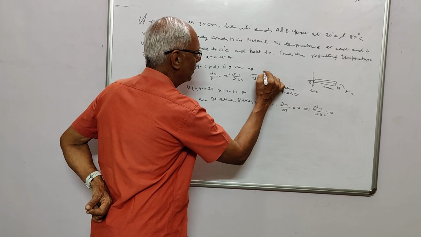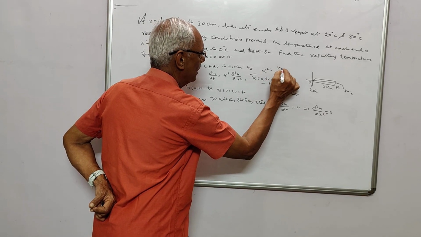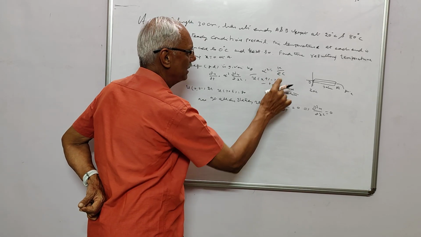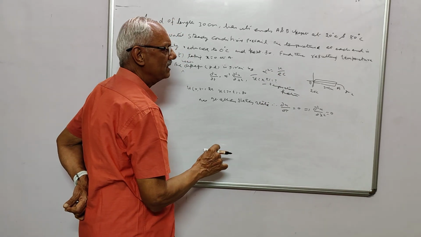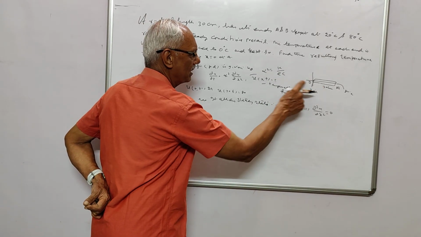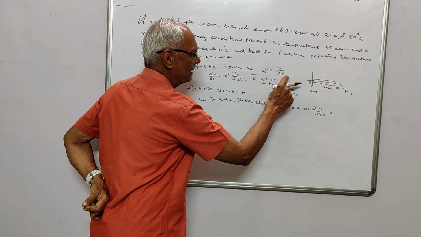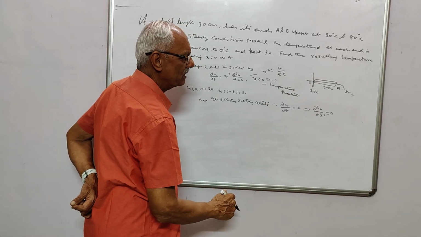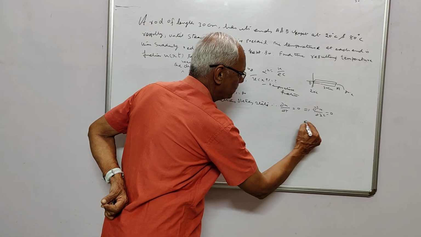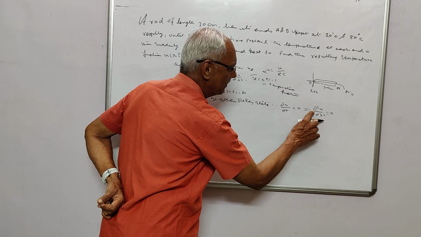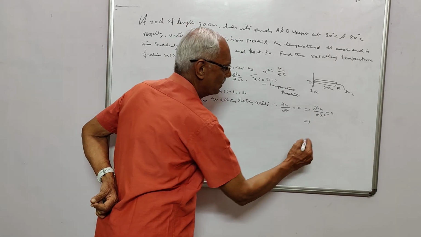Here alpha squared is equal to K by rho C, where K is the thermal conductivity of the material, rho is the density of the material, and C is the specific heat of the material. This is nothing but a second order differential equation.